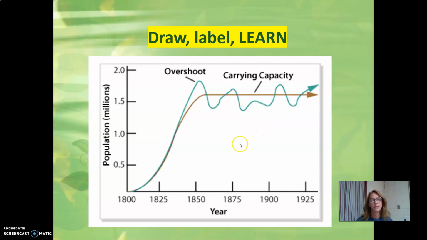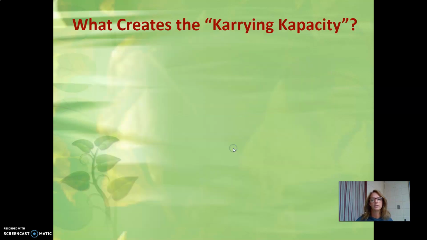Depending on the type of organism, for example, if we're talking about a fly or a cockroach, we'll see these fluctuations within their growing season, like the summer, and then in the winter, those little weather-dependent organisms will hugely die off, but then when they're in their growing time, they will do this normal fluctuation. So we're not going to worry a whole lot about that, but you need to know what an overshoot is, and you need to know that that carrying capacity is that average line through that normal healthy fluctuation.